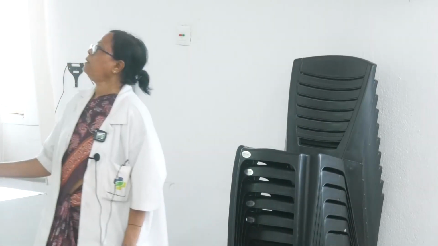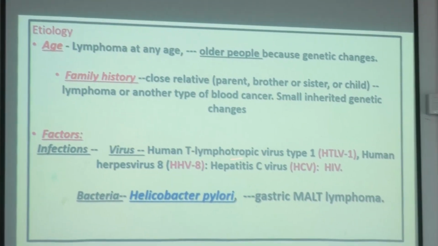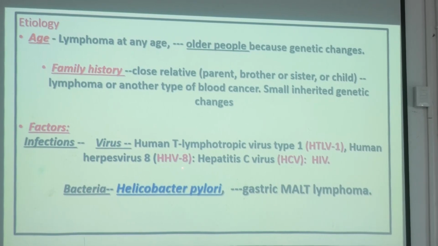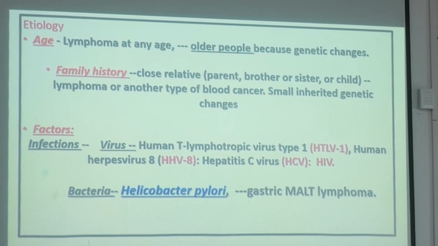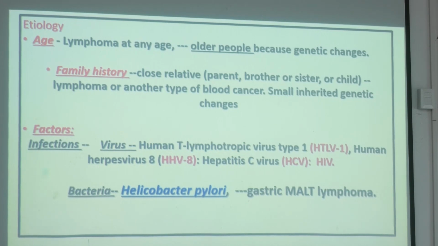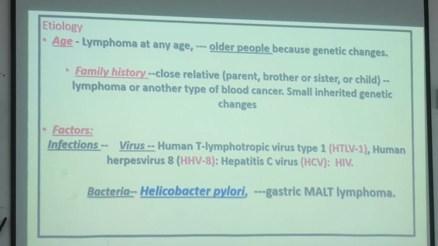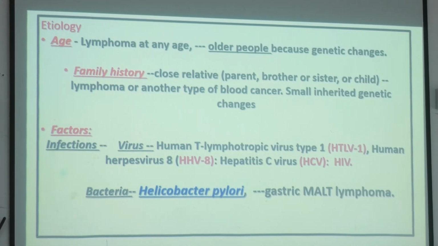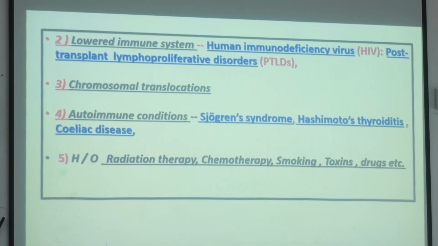What are the infections? Viral infections may be HTLV virus, human herpes virus HHV8, hepatitis C virus, HIV infection. Bacteria: I told you that H. pylori bacteria produce lymphoma in the stomach, that is gastric lymphoma induced by H. pylori infection. Those patients have lower immunity, some due to treatment, where immunity is very low.